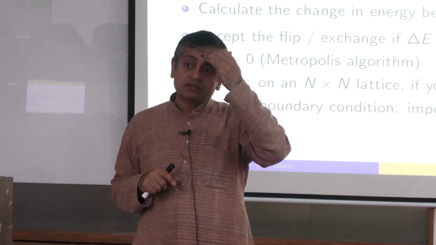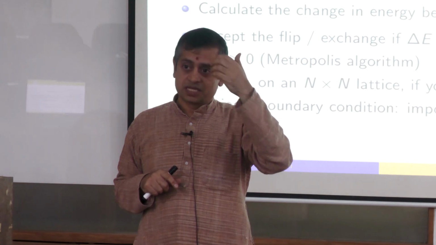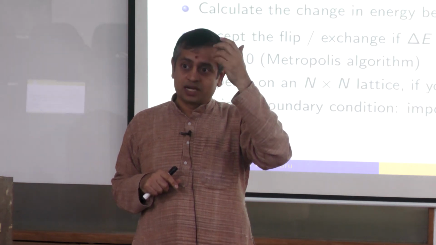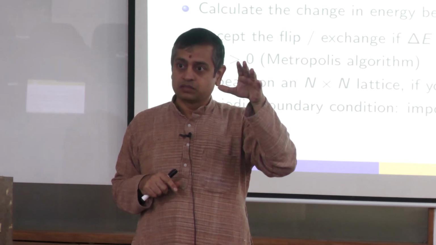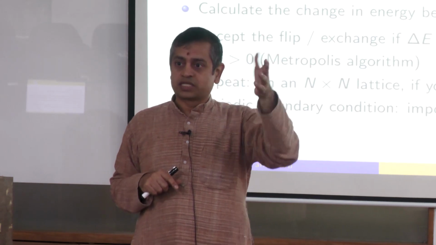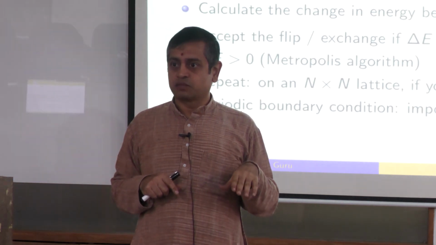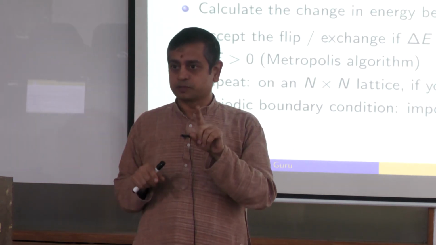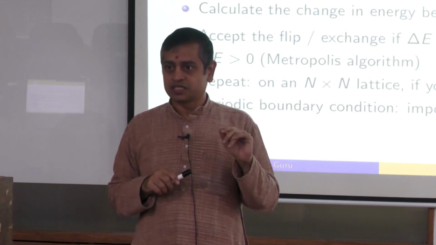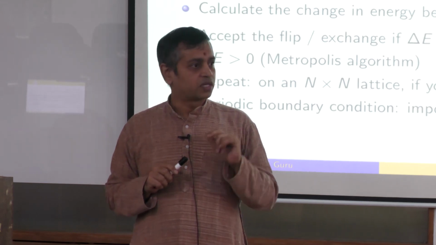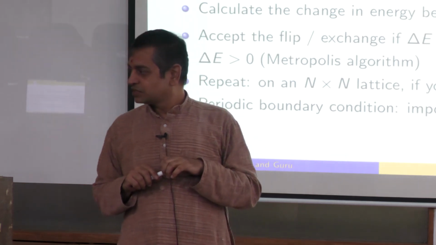So, even though we use the word spin, the typical model from which it comes in statistical mechanics is known as the Ising model. Okay. The Q-state Potts model is a generalization of the Ising model. The Ising model talks about only up and down spin. So, that is the sense in which we are using the word spin. Is that clear? I think it is mostly because of historical reasons.